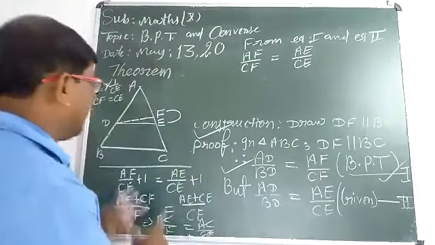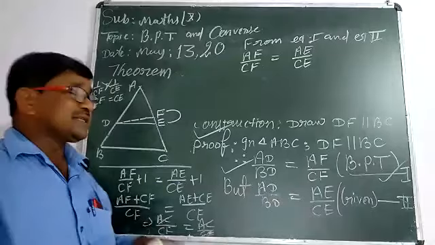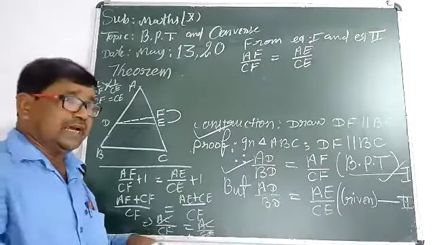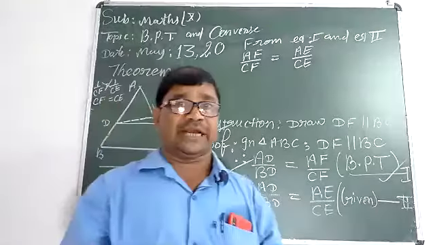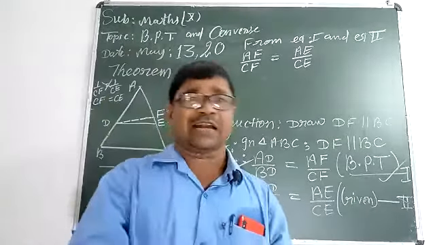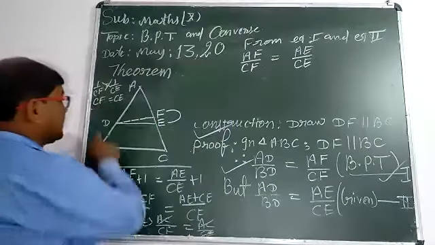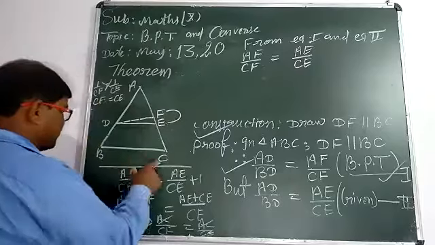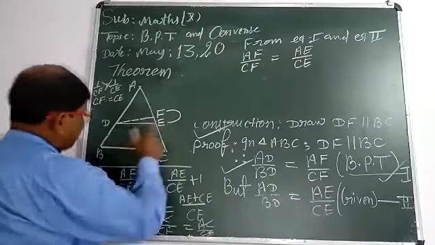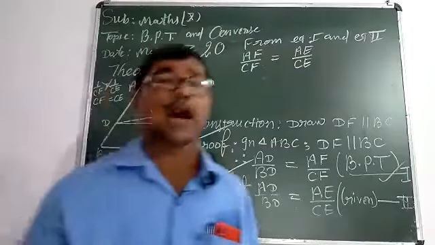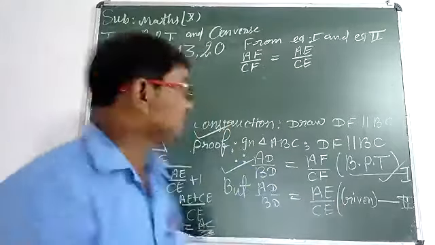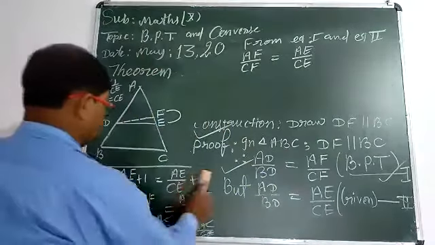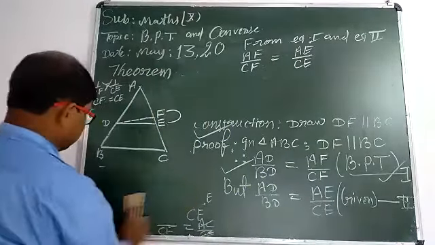So C and F are showing the same place. They coincide. It means if DF is parallel to BC as drawn by us, then DE is parallel to BC. No doubt in it. Understood, student? Now go and try to finish it.